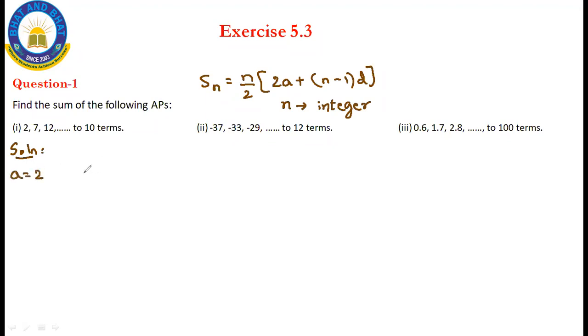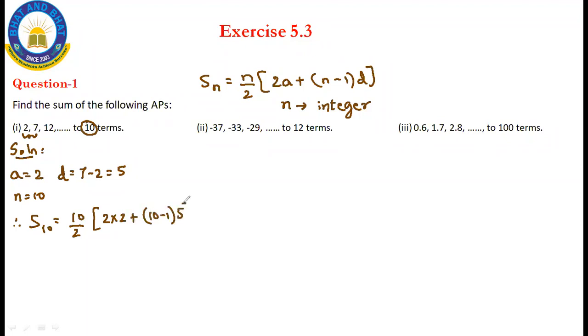That is my first term. What is d? How do I find out d? Take two consecutive numbers and find out the difference. So 7 minus 2 is equal to 5. They have told 10 terms. Since they have mentioned it as 10 terms, n is equal to 10. Therefore, S10 is equal to 10 divided by 2, 2 into 2 plus 10 minus 1 into 5.